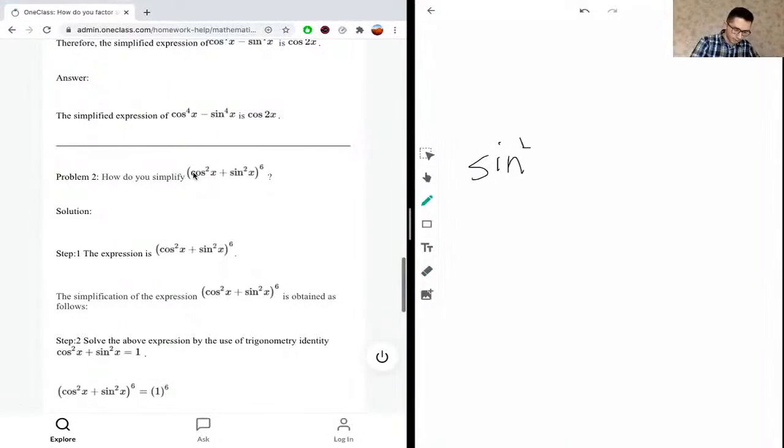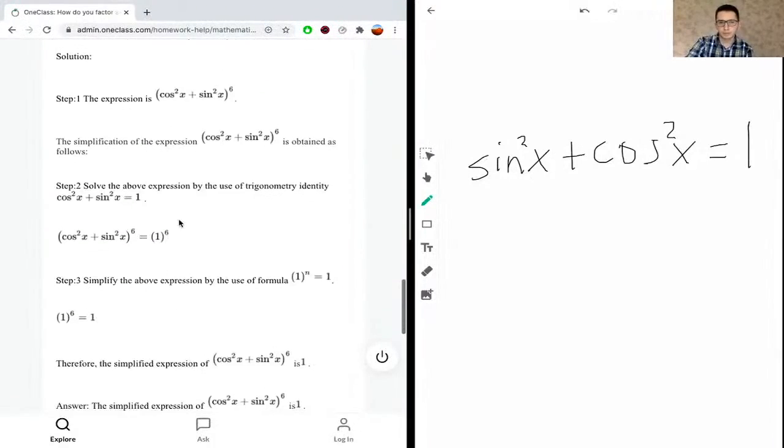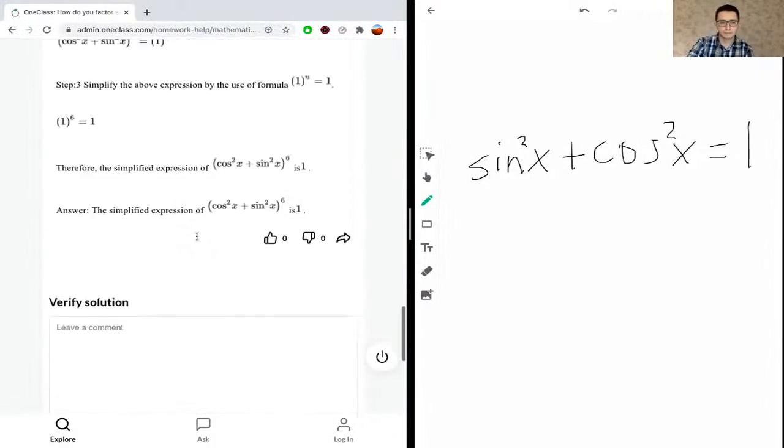Let me write that up here: sine squared plus cos squared equals 1. Whenever you see cos squared plus sine squared or sine squared plus cos squared, you can right away say that 1 to the power 6 is just 1. See here, simplify 1 to the power 6. 1 to the power of anything is just 1, and we get that answer.